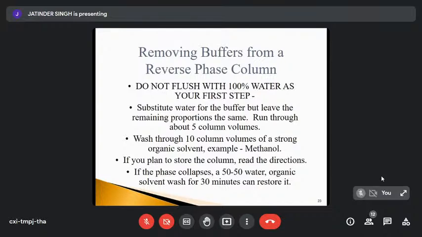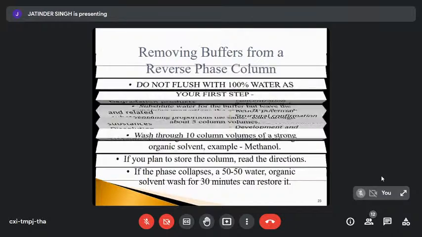So in order to avoid the precipitation or clogging, these salts must be removed with water.